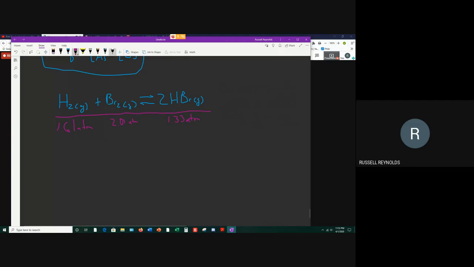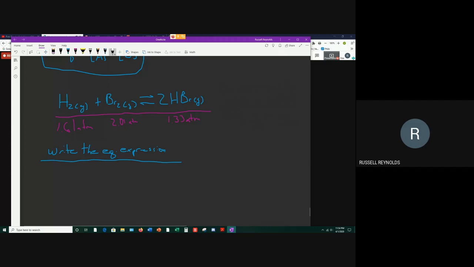And let's say that the first part of this question is to write the equilibrium expression. Let's say that's sort of part A of this question, hypothetically. So write out the equilibrium expression for this reaction.